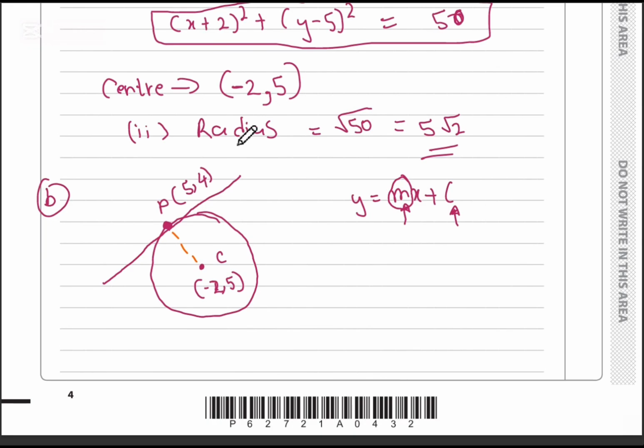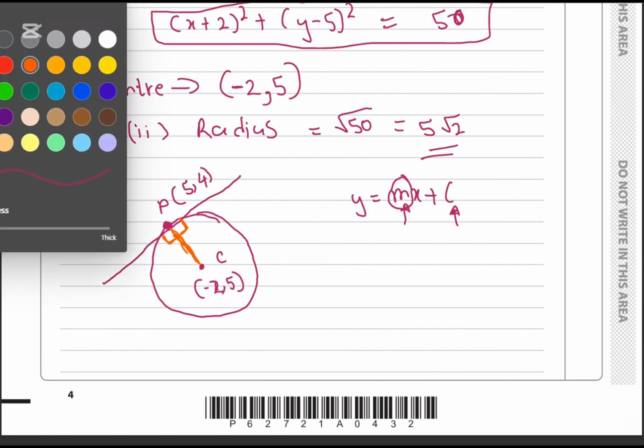The reason is that this radius line is perpendicular to my tangent. As you can see, it makes a 90-degree angle here. So if I find the gradient of the radius and take the negative reciprocal, I'd find the gradient of the tangent.